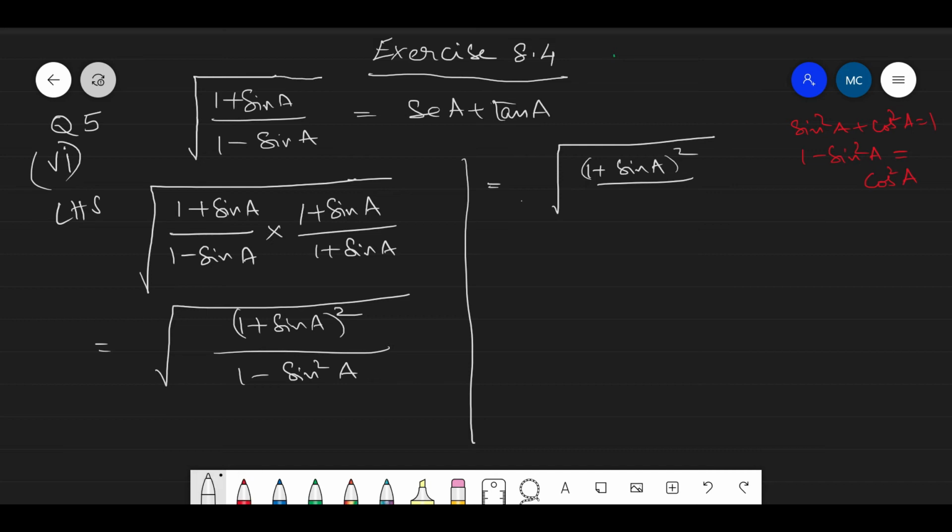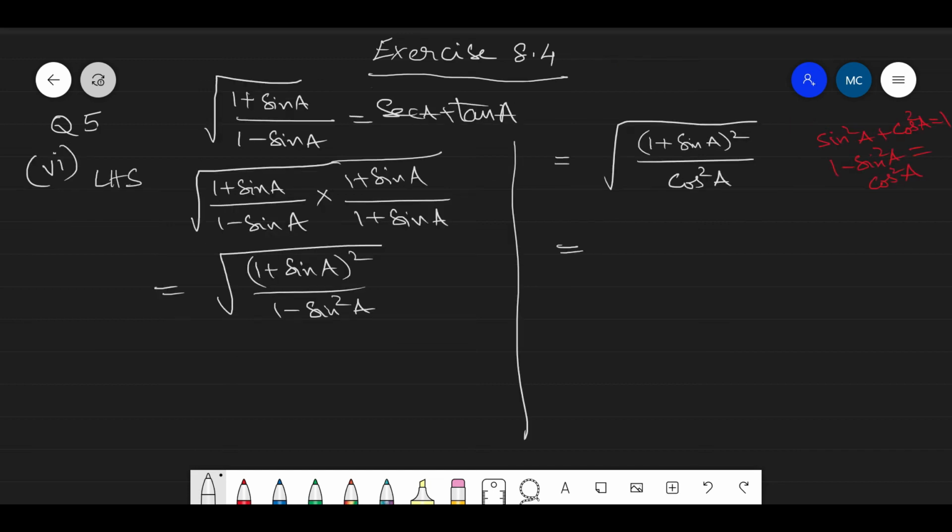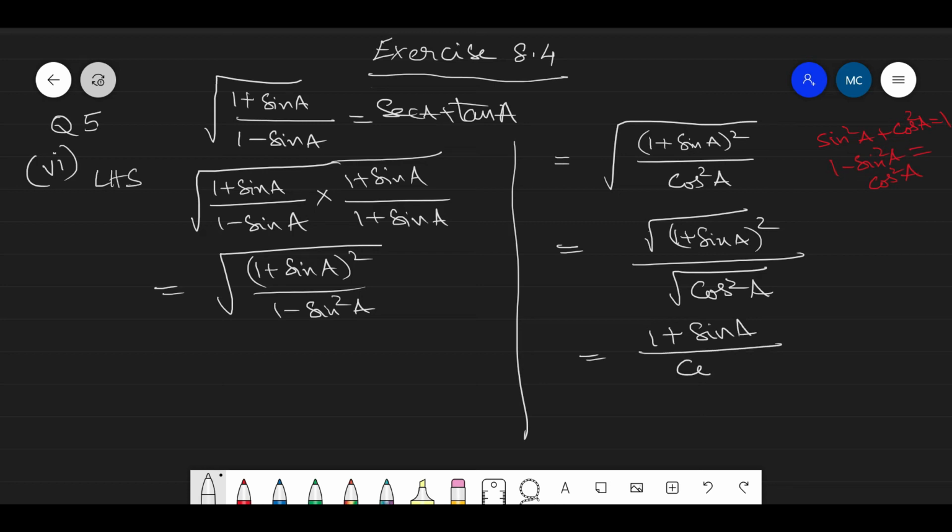The denominator will be now cos square A. This is equal to square root of 1 plus sin A whole square by square root of cos square A. And finally, you will be getting 1 plus sin A by cos A. When you separate this, you will be getting 1 by cos A plus sin A by cos A. And we know that 1 by cos A is secant A and sin A by cos A is tan A.